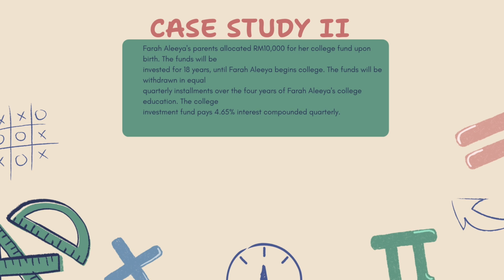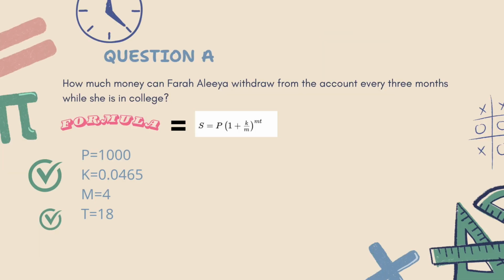The funds will be withdrawn in equal quarterly installments over the 4 years of Farah Alia's college education. The college investment fund pays 4.65% interest compounded quarterly. Question A. How much money can Farah Alia withdraw from the account every 3 months while she is in college?